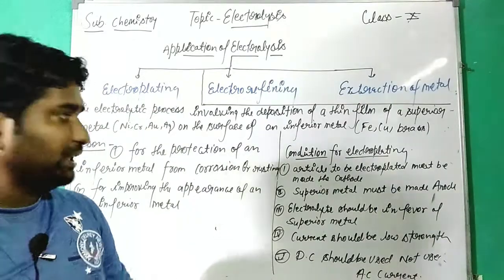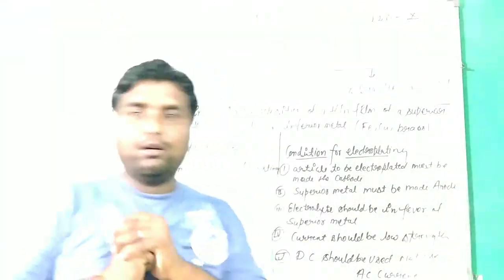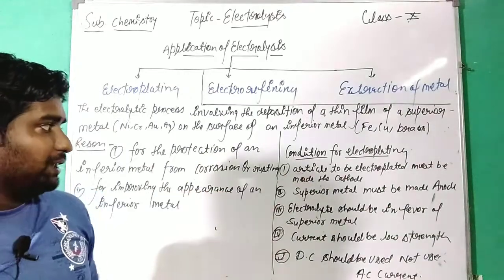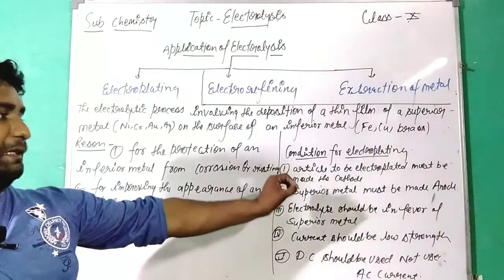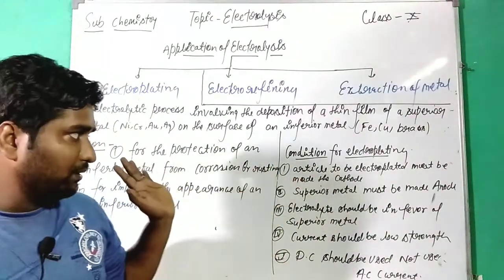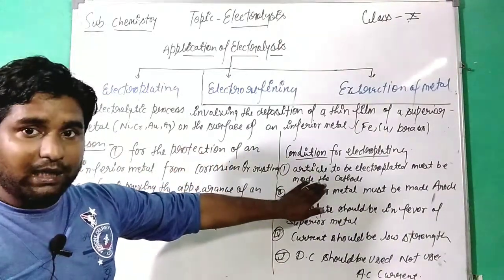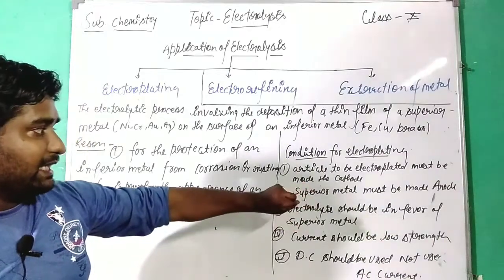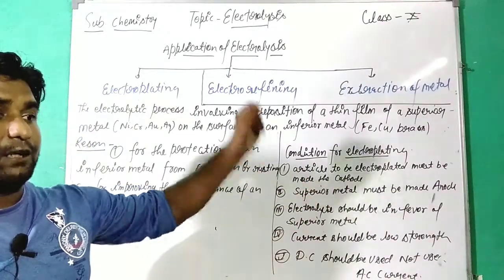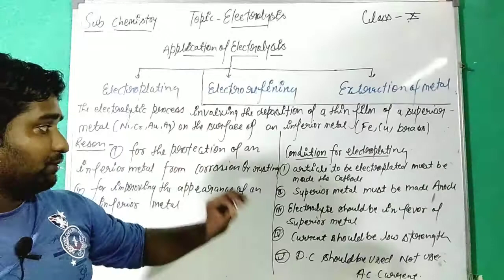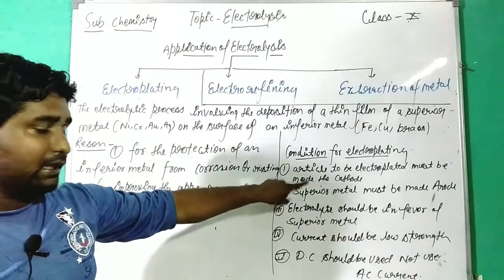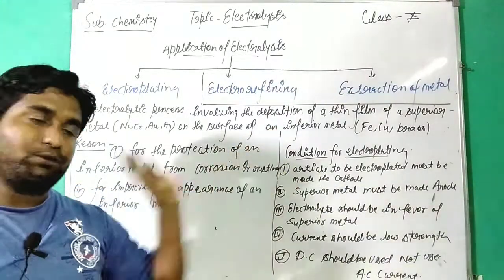And what are the conditions for electroplating? The first condition: the article to be electroplated must be made the cathode. For example, if we coat nickel on the surface of iron, then iron should be the cathode in the electrolysis process.